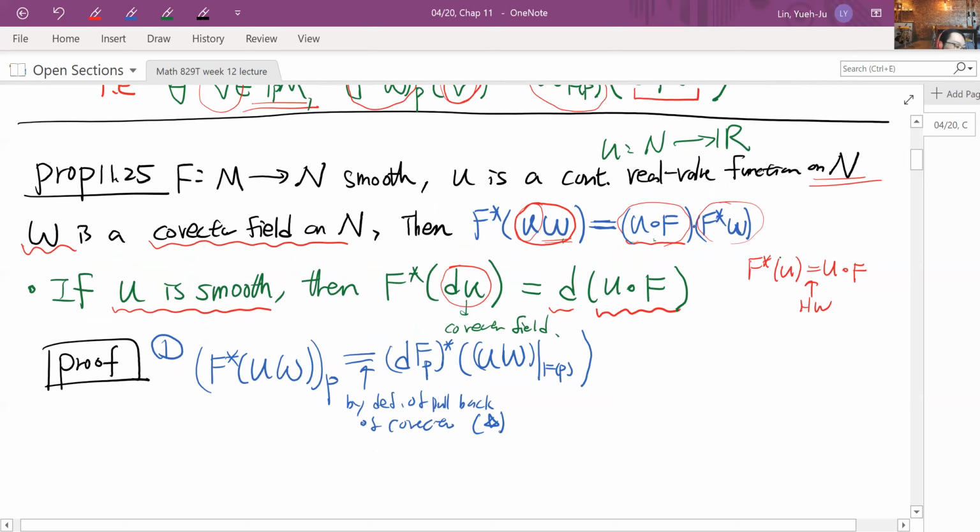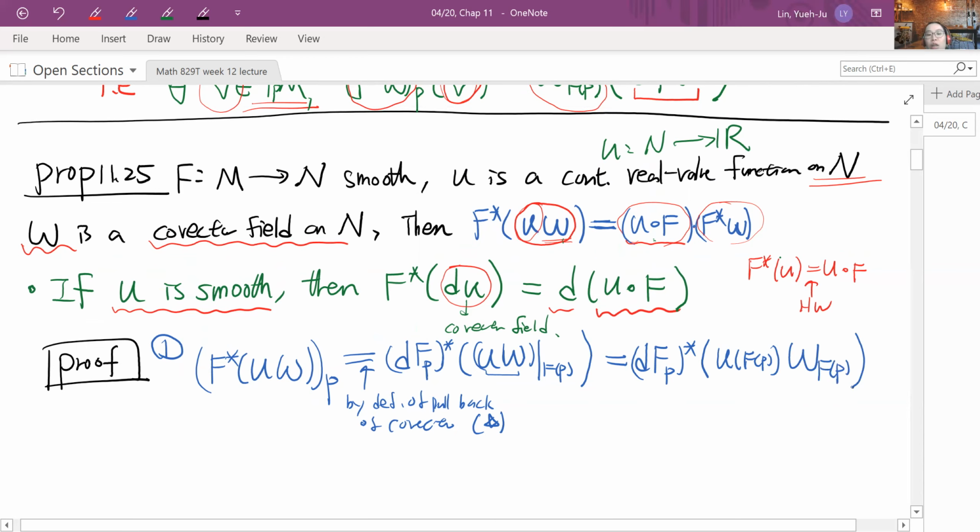Okay, so now let's see what this would be. Let me write one more step. When I evaluate at f of p, this is nothing else but the function u at f of p times the covector field evaluated at f of p.